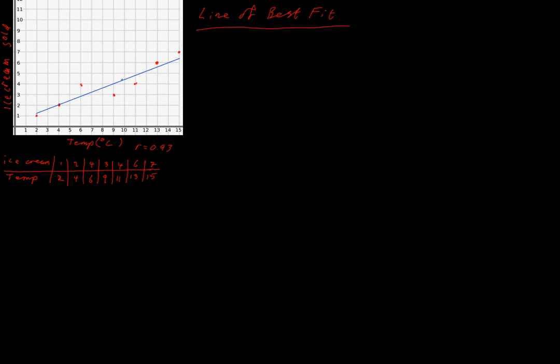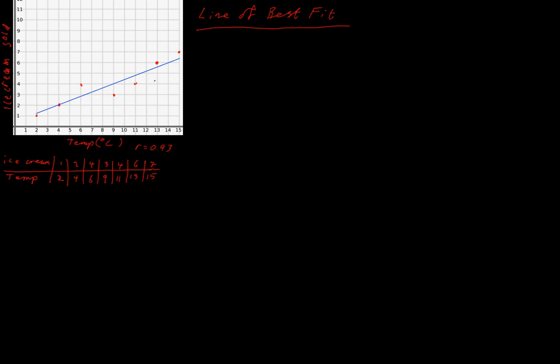So when we draw on the line, all of the points aren't sitting perfectly on our blue line, but they're fairly close to it. I can see that I have 1, 2, 3 points above that line, and 1, 2, 3 points below that line. So I have a line that's going fairly evenly through the center of my data set. So that is my drawing the line of best fit.